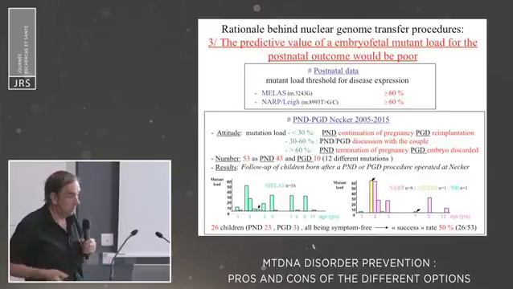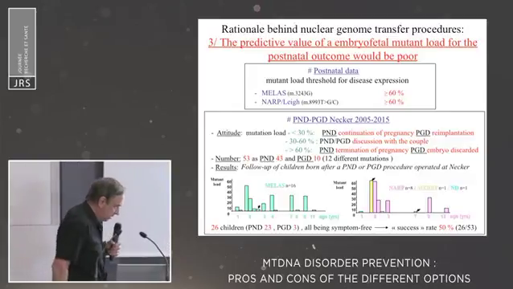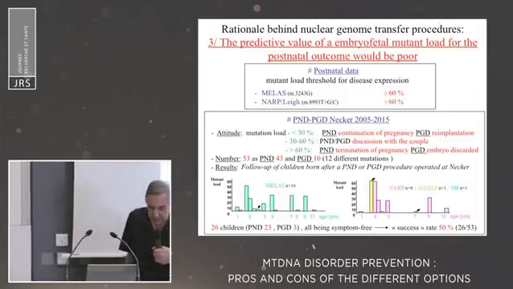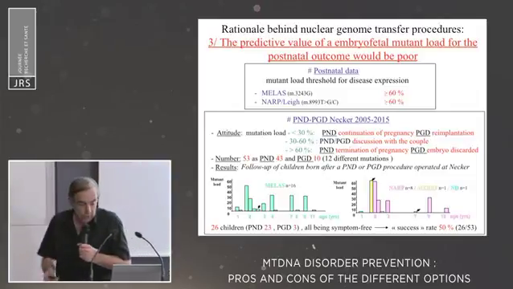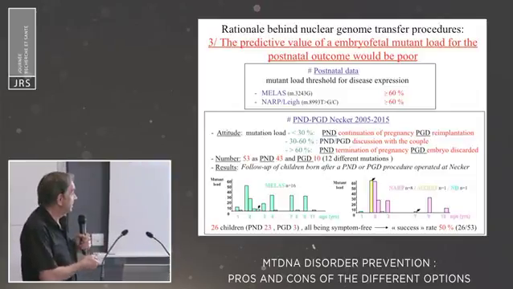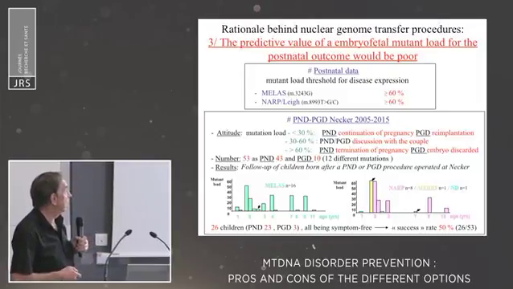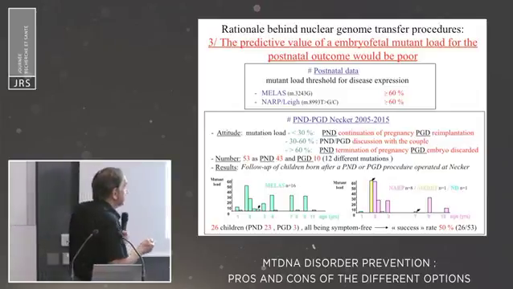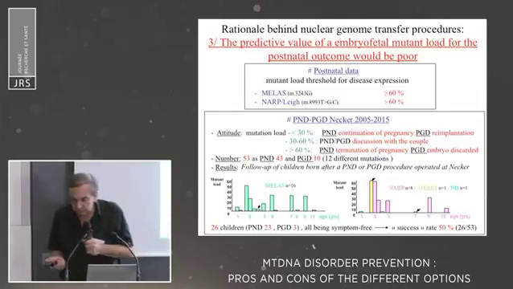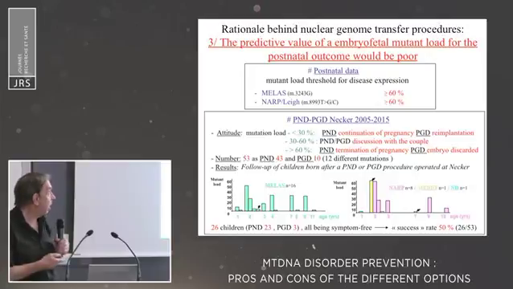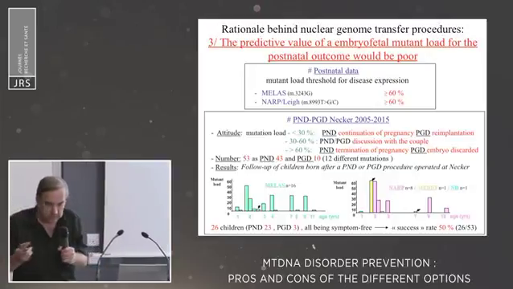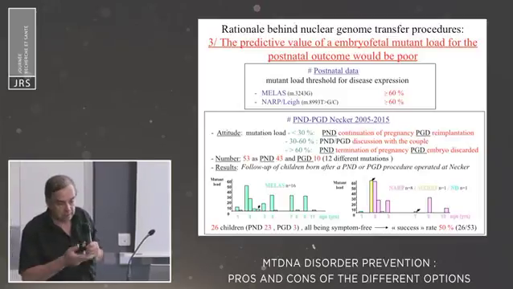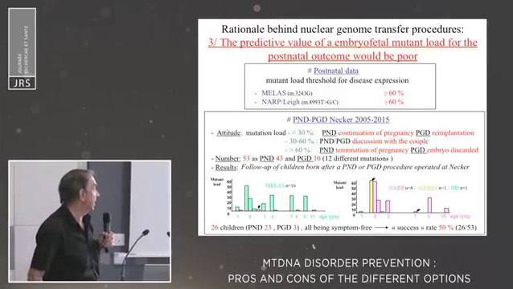So, with our colleague Antoine Bécler, we decided to offer couples the option of PND or PGD based on the mutant load determined in either blastomeres, CVS or amniocytes.